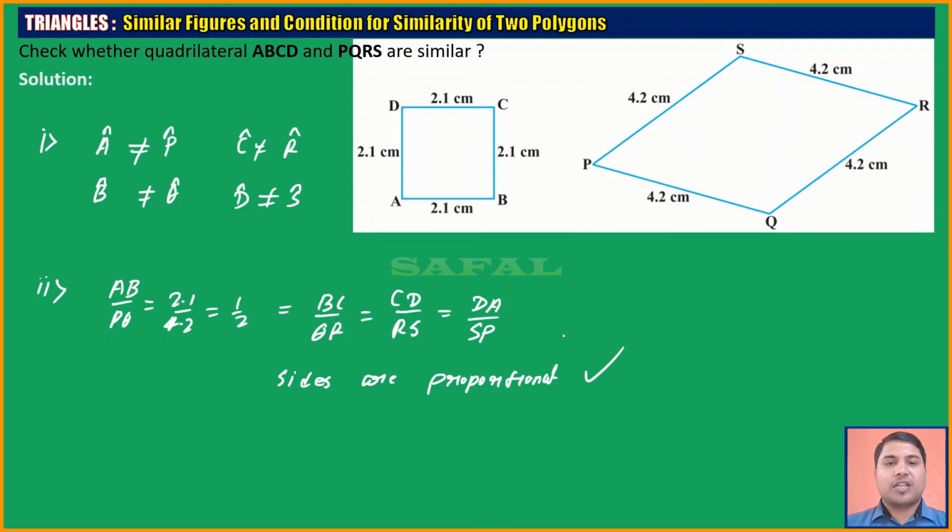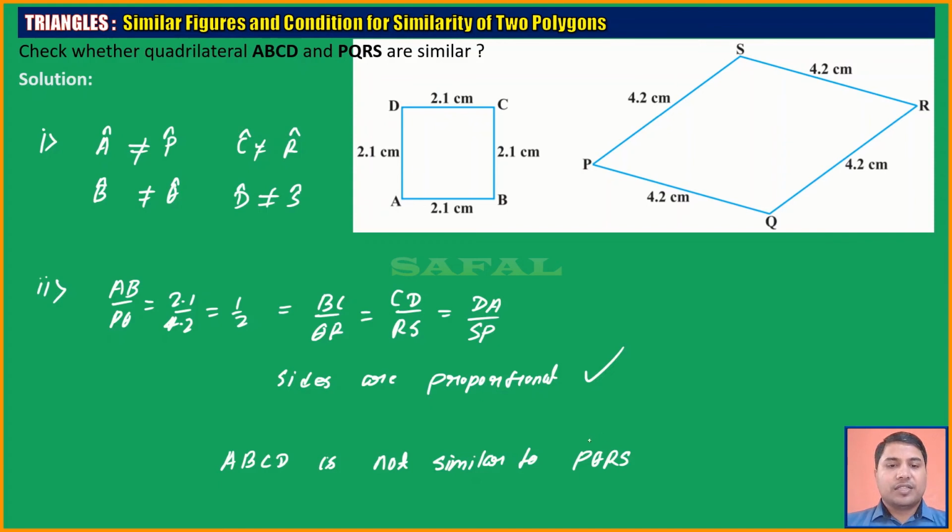Sides are proportional, but the first condition is not true. So since one condition fails, I'll say ABCD is not similar to PQRS.